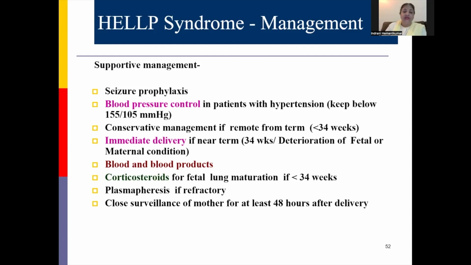You have to deliver, give blood products if needed, steroid for fetal lung maturation and plasmapheresis, and close surveillance. All this when the patient has had HELLP syndrome.